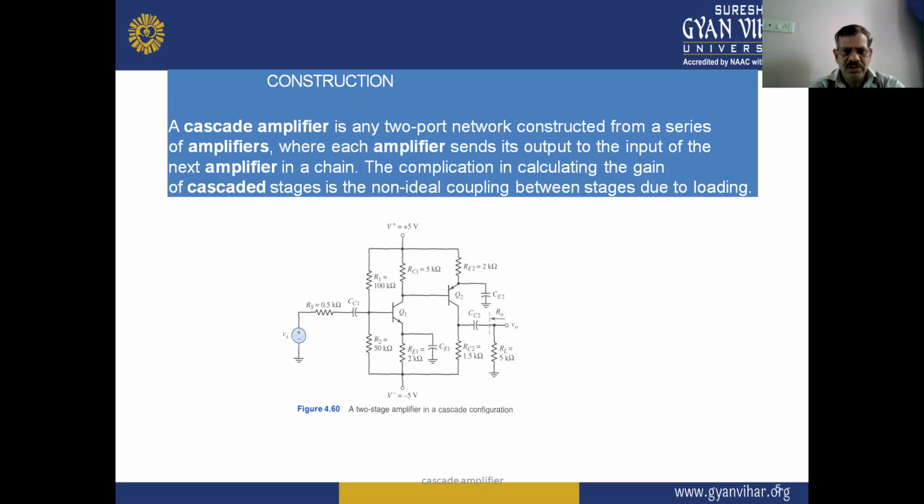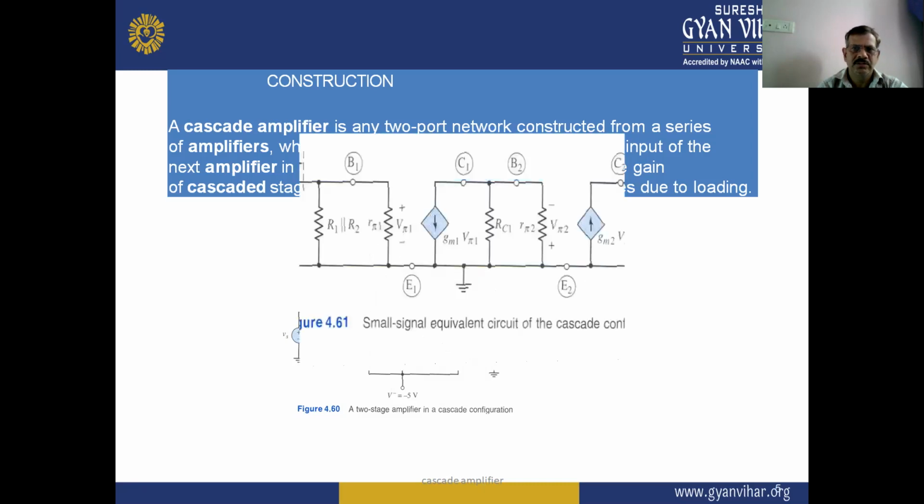So this is the two-stage cascade configuration in which different biasing resistances and different capacitors are also used across the base and collector terminals. The use of these capacitors blocks the DC signal and passes the AC signals. So this is the construction of a two-stage amplifier in a cascade configuration.